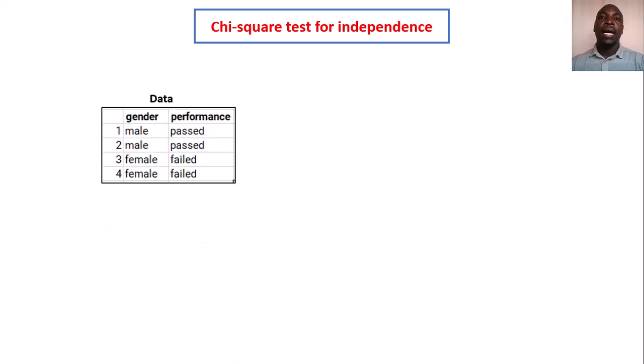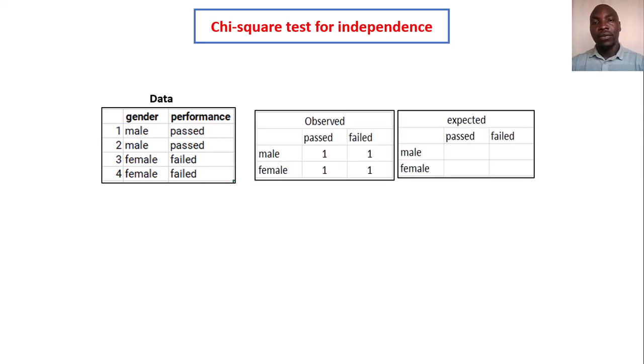So next we look at the chi-square test for independence. Considering our sample of the randomly selected 4 students, if we also have their performance, we want to summarize our data based on gender and performance. So we shall create a cross tabulation with gender on one side, the males and females, and then the performance.